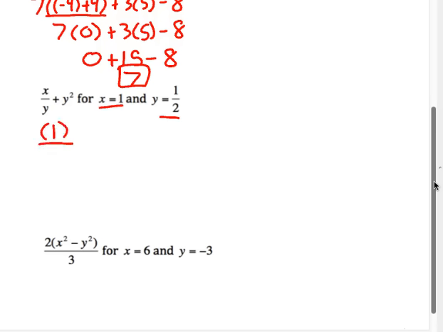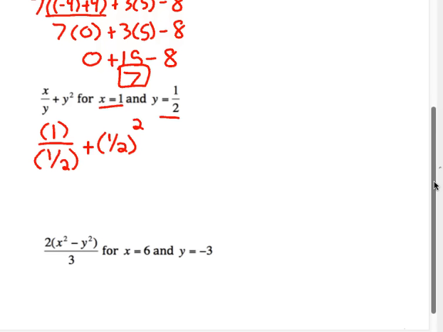So x divided by y plus y squared. Okay, so here there were no original parentheses, so I don't have to worry about that. Exponents. So exponents, I see a squared there. So I'm going to go to my calculator.